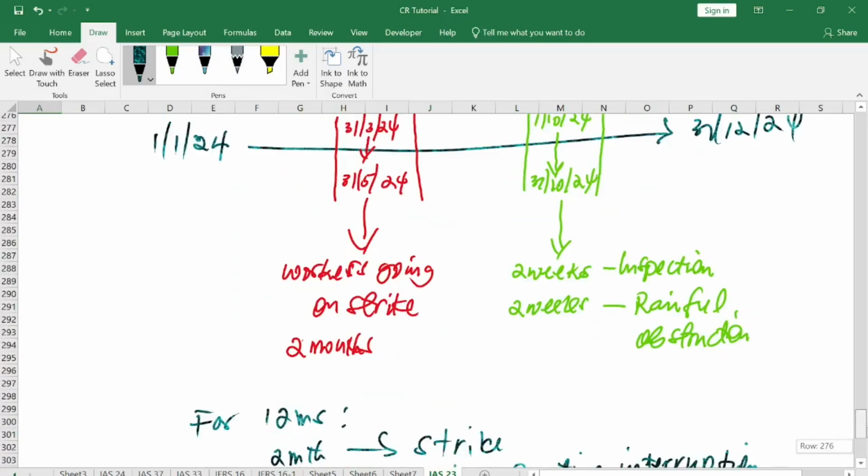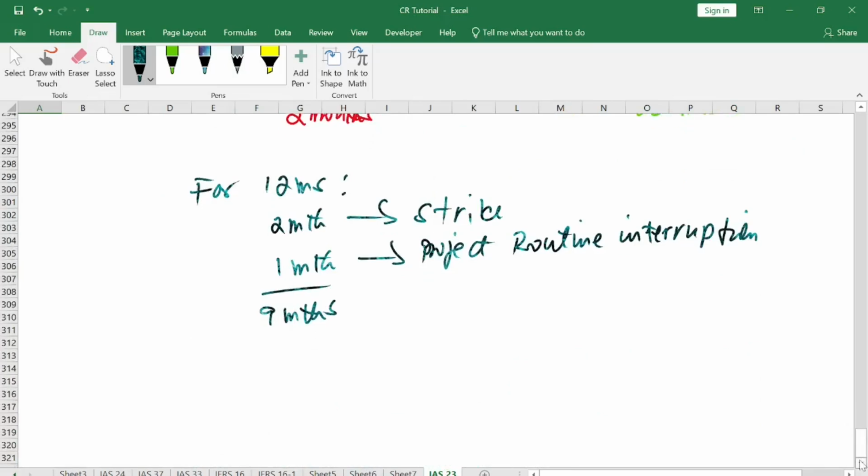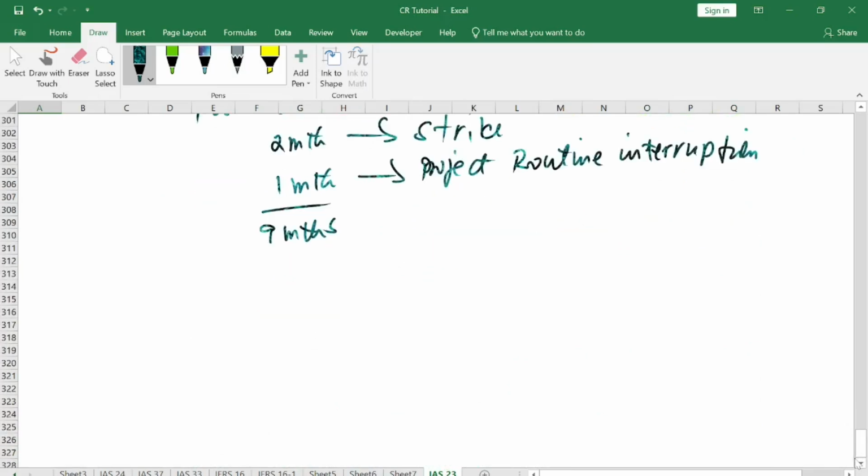Now, let me take the first 2 months, which is workers going on strike. The strike took 2 months. When the company is faced with this disruption, this is not routine interruption.